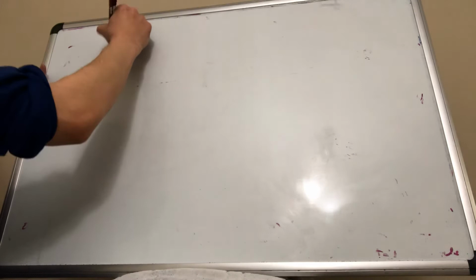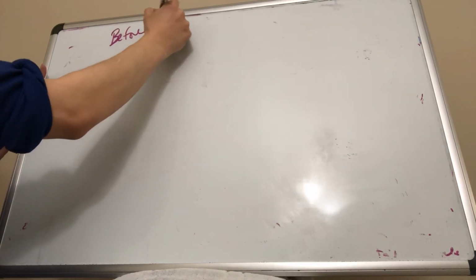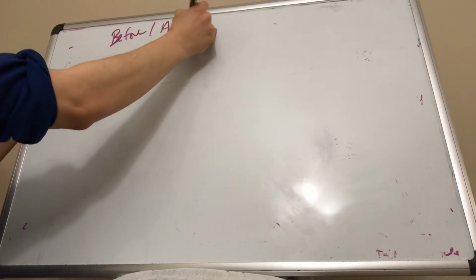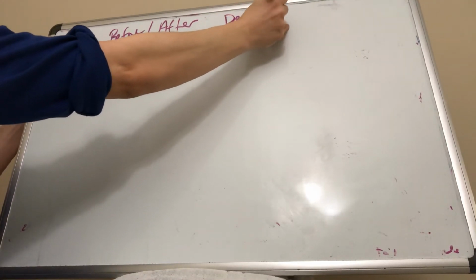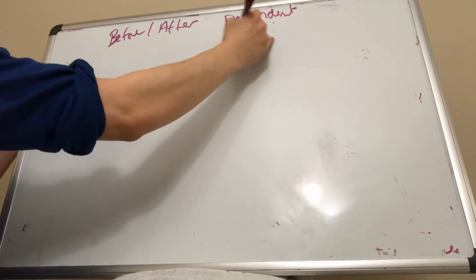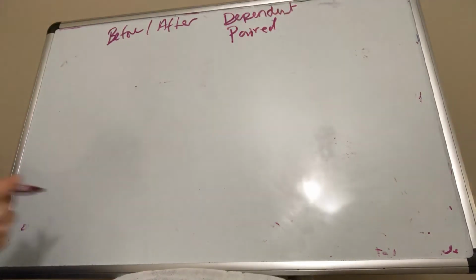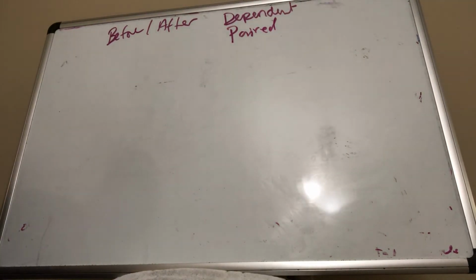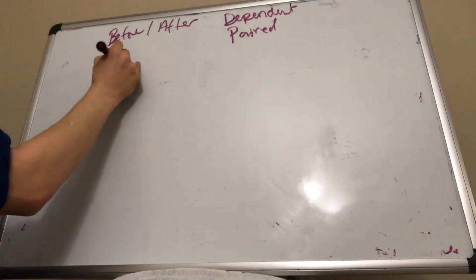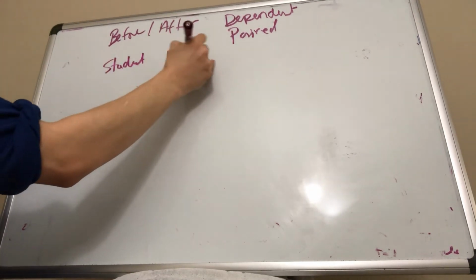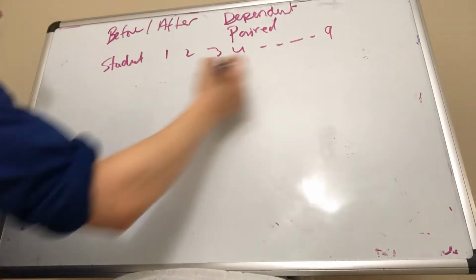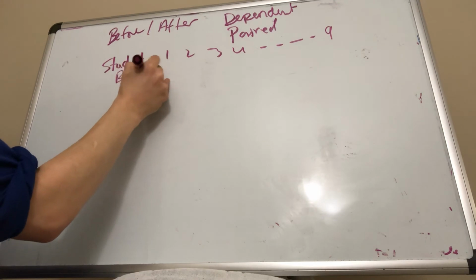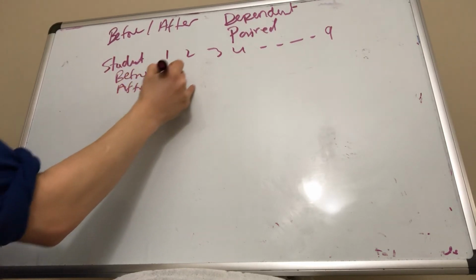So they tested them before and after. Anytime you see this before, after, then you know that it's a dependent system, also called a paired system. And if you look at the question in your assignment, you'll have something like students 1, 2, 3, 4 all the way to 9. And then you have the before and the after numbers.